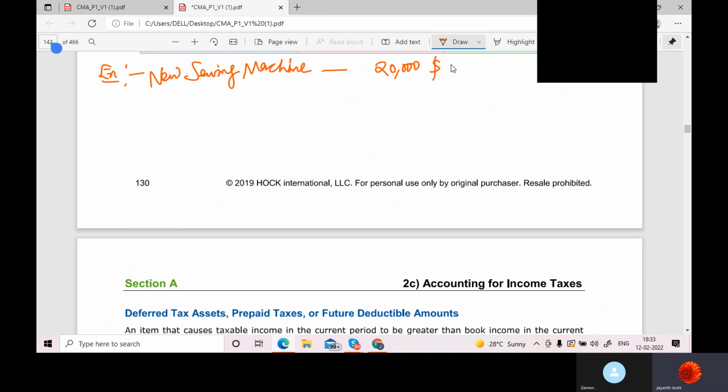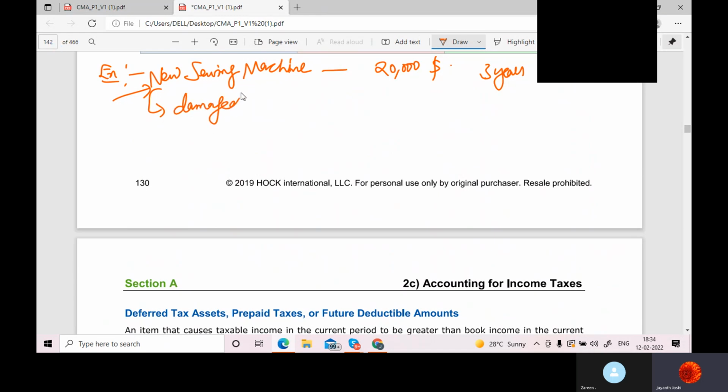It is useful for 3 years. Suppose this new machine you bought for $20,000 and its useful life is 3 years. This particular sewing machine has got damaged.